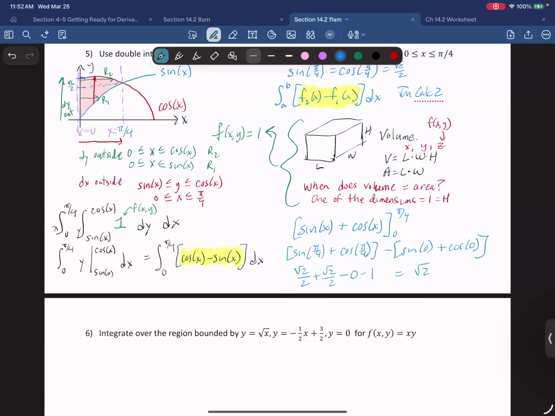I end up with root 2 minus 1. Is that a positive area? Is root 2 minus 1 greater than 0? 1.43. Yeah. So our area is positive, so that's a good sign.